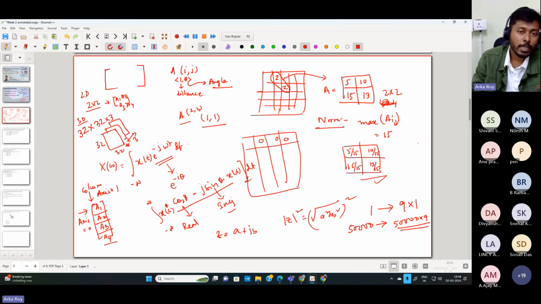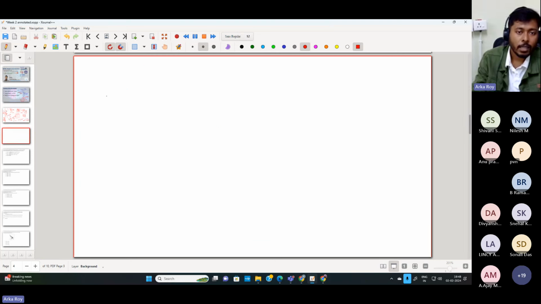Now in most of the datasets that we have imported already, you have seen that the dataset size was 50,000 cross 32 cross 32 cross 3. Now you can see you are dealing with a 4D array. So these arrays are basically called tensors.